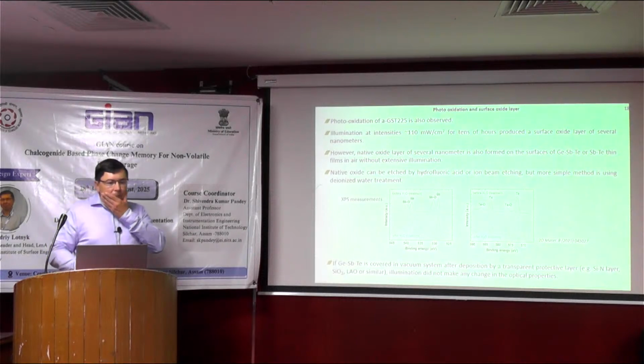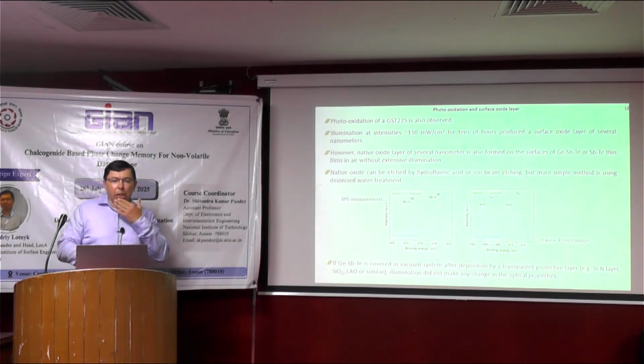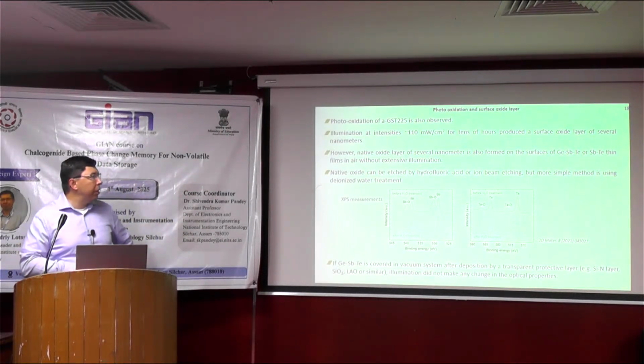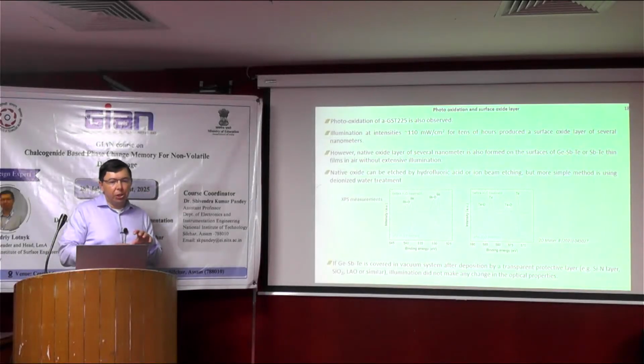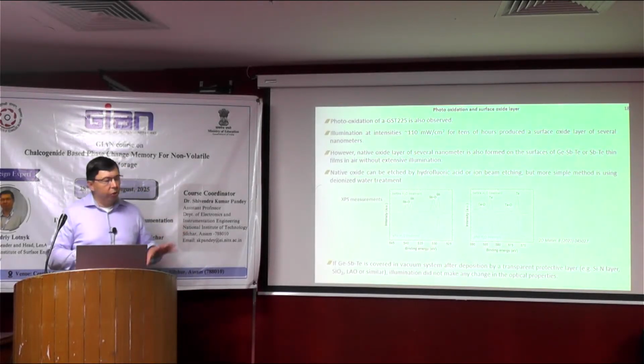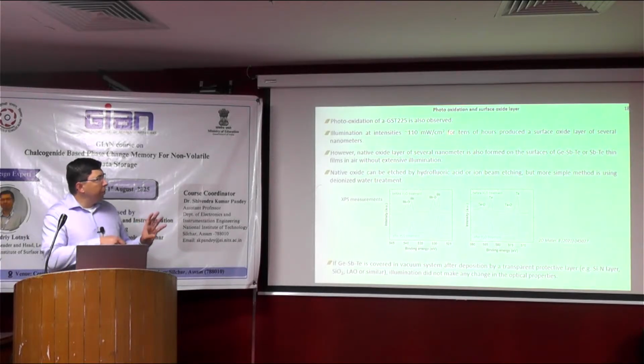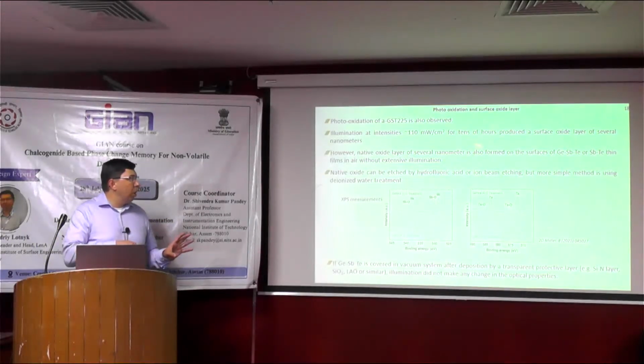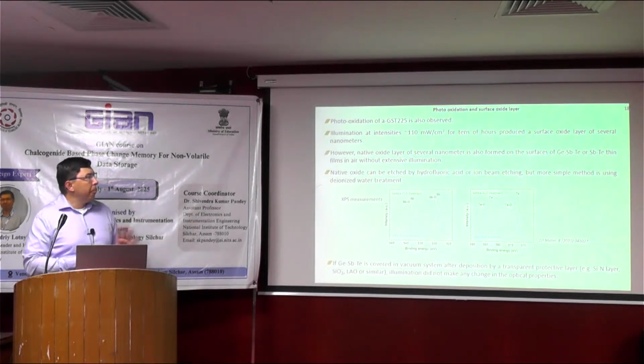Next effect, this is photooxidation and surface oxide layer. So if you illuminate phase change material by light of this intensity for tens of hours, you can produce an oxide layer of several nanometers.